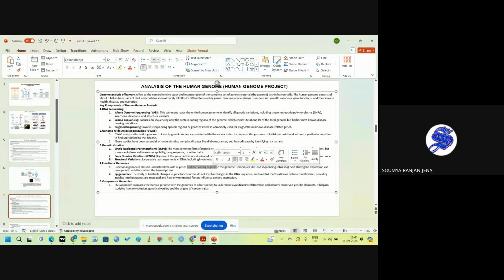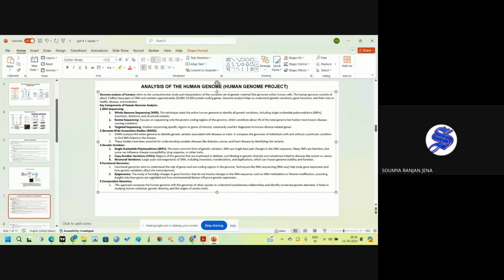If there are changes in these non-coding regions, then splicing will not occur properly and you will find different truncated proteins. This is studied by techniques like RNA sequencing, to study the expression and how genetic variation affects the different transcriptome of the gene.